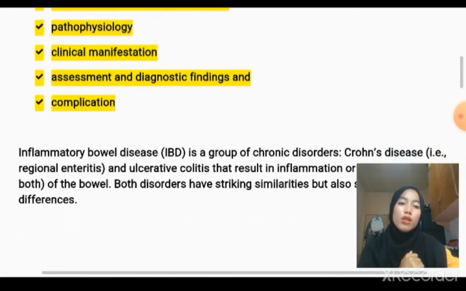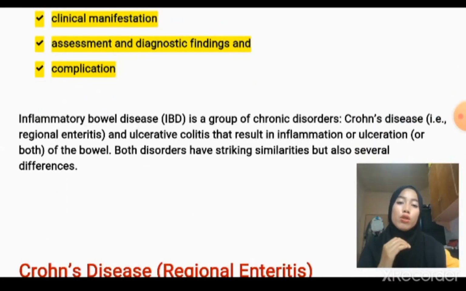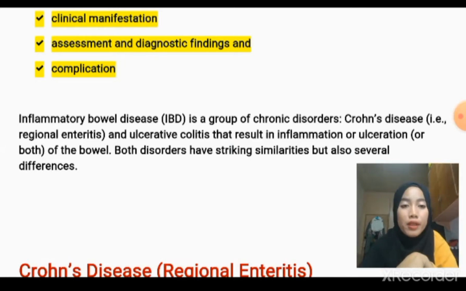So, first, we're going to tackle inflammatory bowel disease, which is IBD.